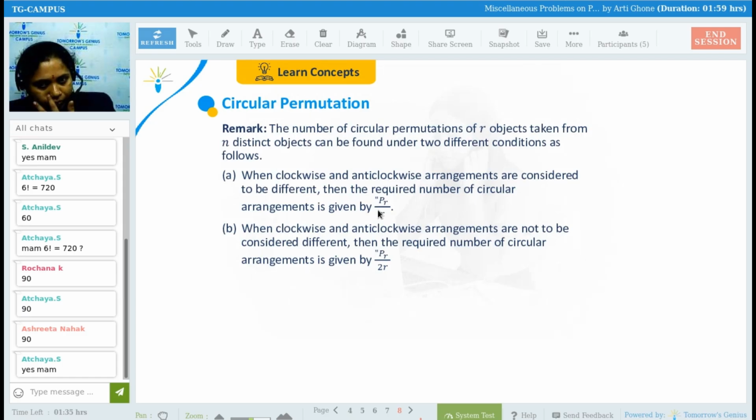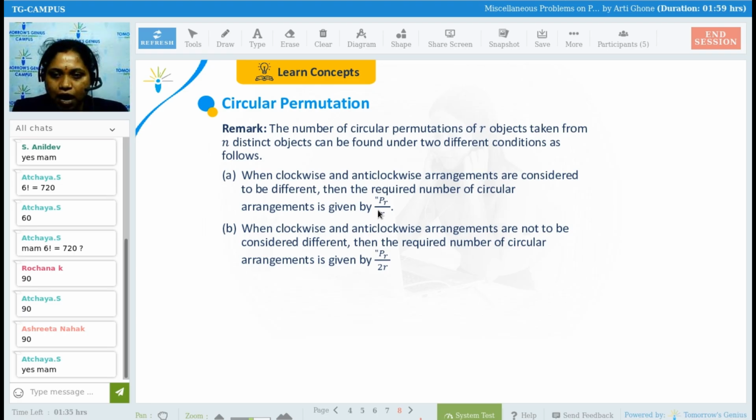Now, see some remarks which are really very important. The number of circular permutations of r objects. Now, I have 5 roses, but I want to arrange only 4. Means not all are permuted. Clear? Not all n are permuted. Then what to do now?